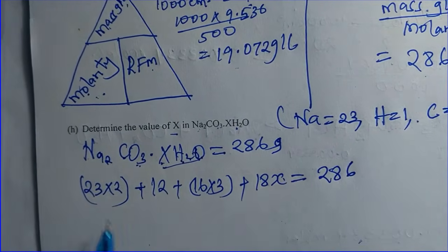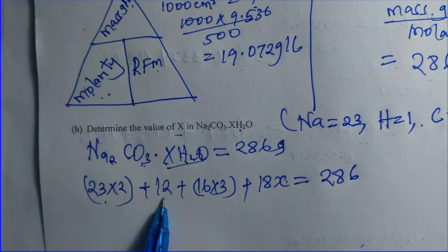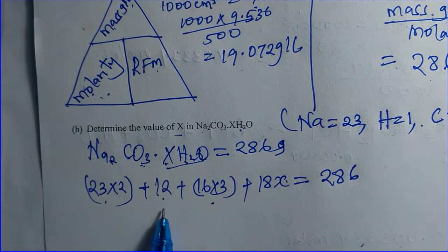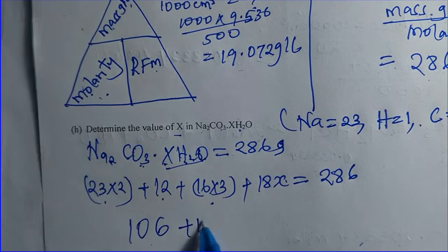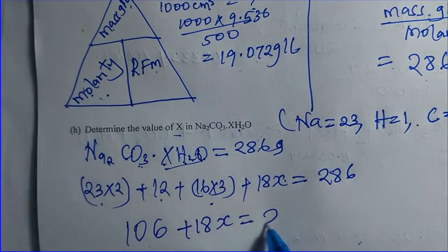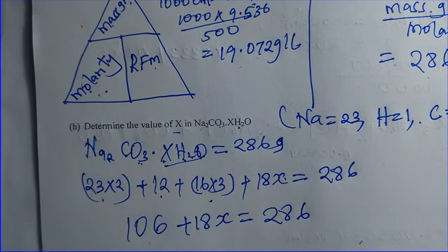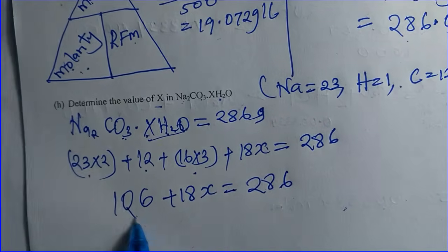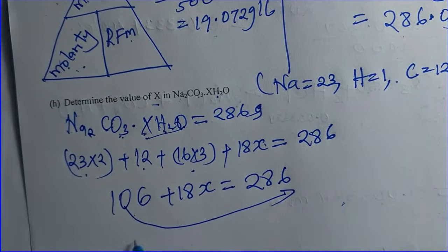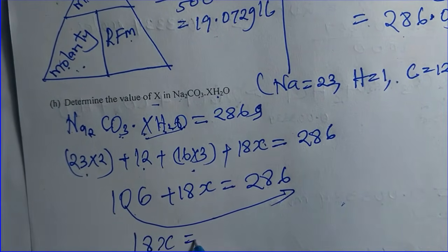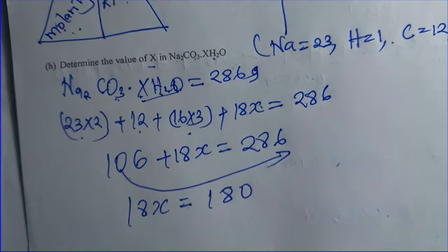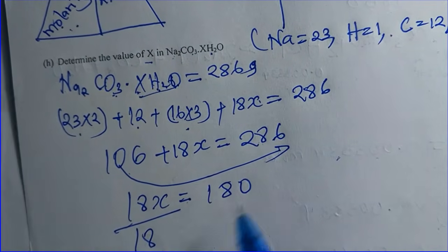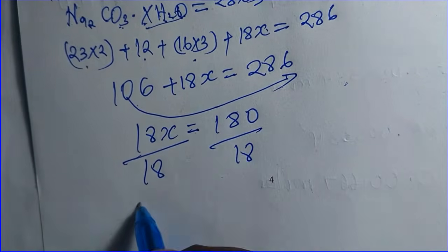Now this is 46 plus this 48. You will find that the total there will be 106 plus 18X is equal to 286. Bring like terms together, bring this to this side and subtract. 18X will be equal to 180. Now we need the value of X. You divide both sides by 18, and the value of X is equal to 10.